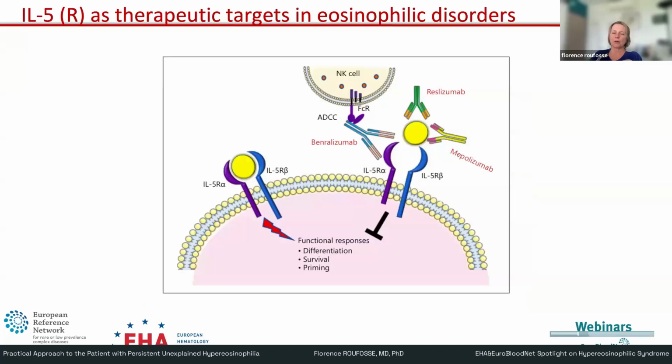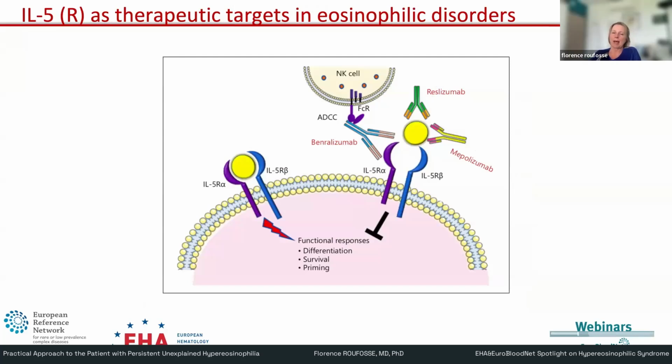And several monoclonal antibodies have been developed to target IL-5 or its receptor. You can see here on the upper right, reslizumab and mepolizumab. These are anti-IL-5 monoclonal antibodies, whereas benralizumab is an anti-IL-5 receptor alpha monoclonal antibody.